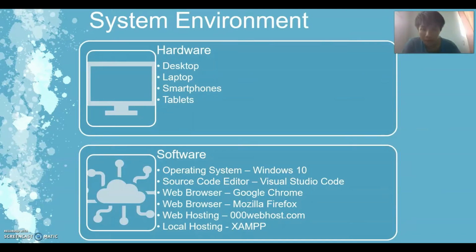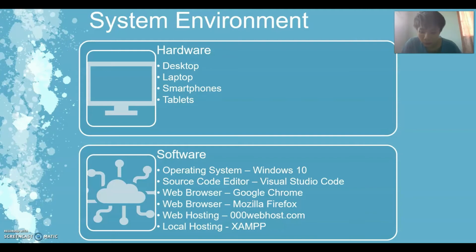Next is system environment. The system environment is the hardware and software that are required by our team members to develop the system. The hardware are desktop, laptop, smartphones, and tablets.